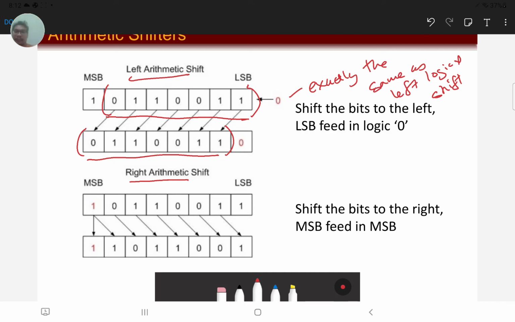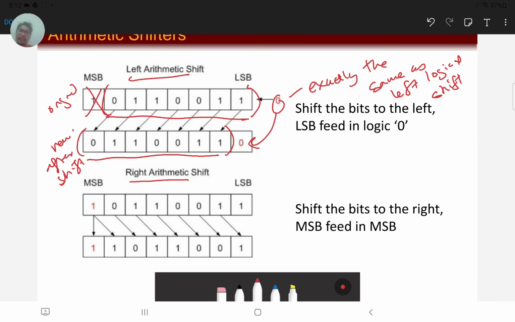Now this is gone, and we take the 0 and put it inside our LSB. This is the original, and this is the new after shift, so we get a new binary value.